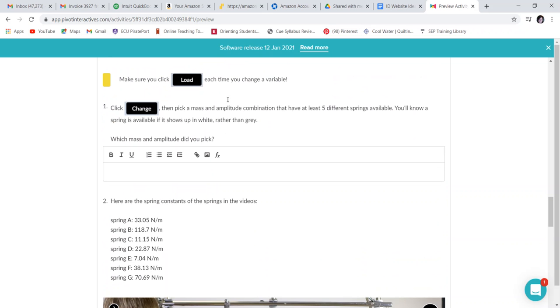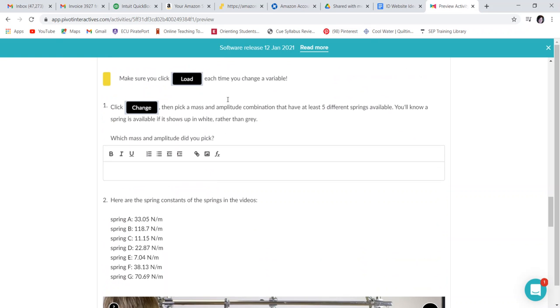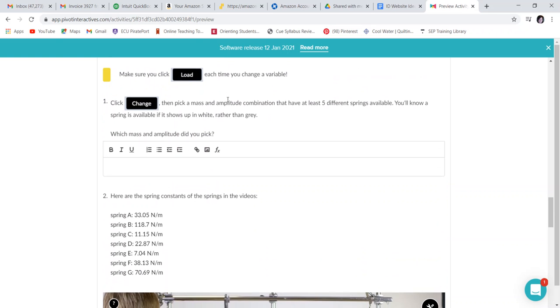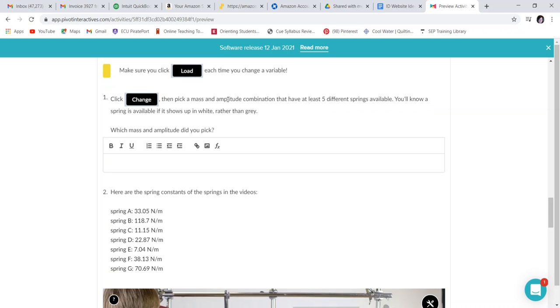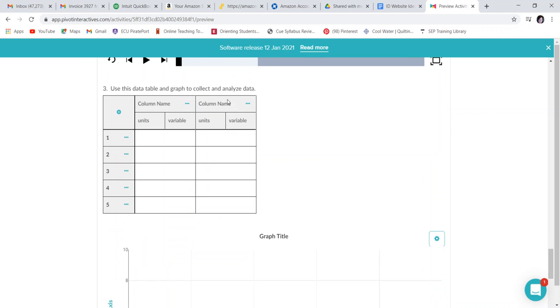And for each spring, you're going to have a spring constant and a measured and calculated period. So that's going to be a point. You'll have 7 of those because you can do it for 7 different springs. And you'll make a graph of it.